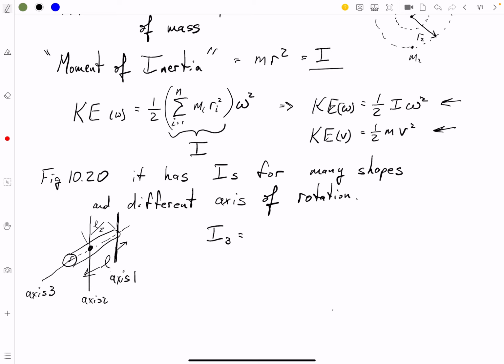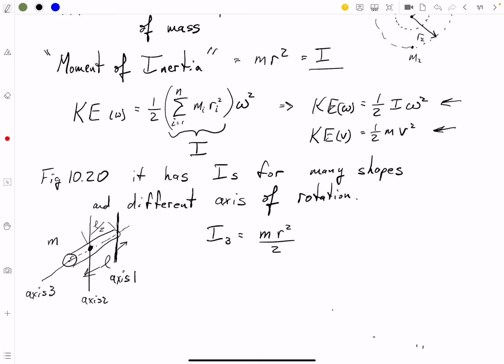Our moment of inertia is the mass of the object times the radius squared of the object, and then we're going to divide that by 2. Okay, so that's the moment of inertia if we were to go about axis 3.